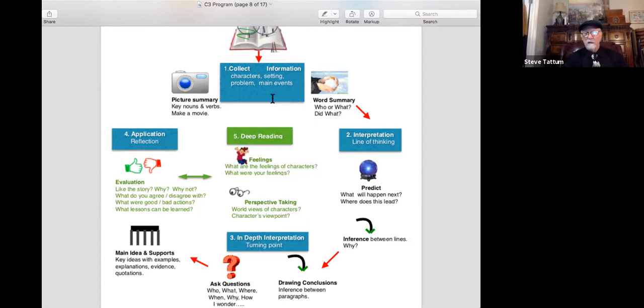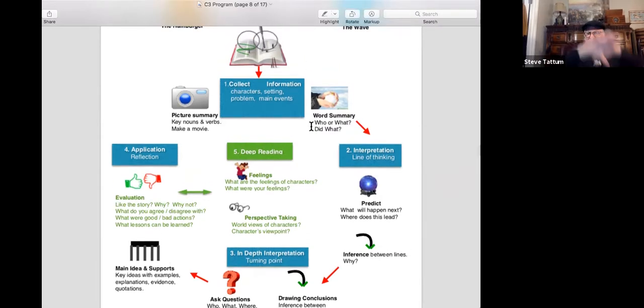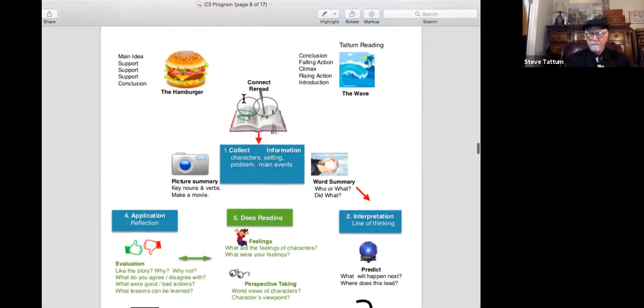Okay. Now, let's repackage this. So P-cubed is a really meaty remedial program. This is the most basic components that all good comprehenders use. So I've taken this and repackaged it into a user-friendly method. And these are pretty much all included, except this.